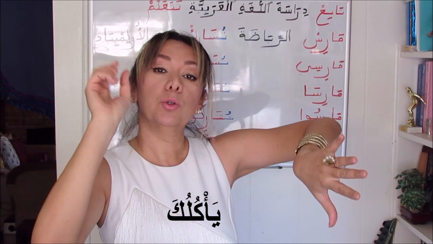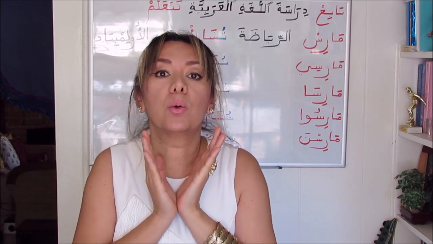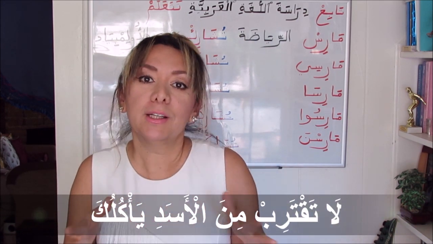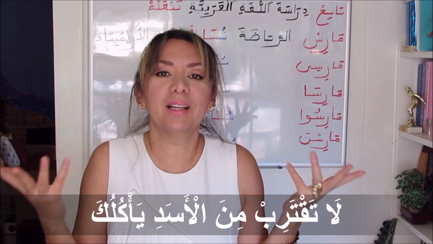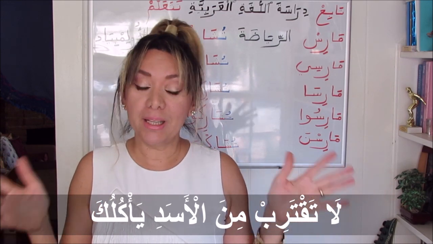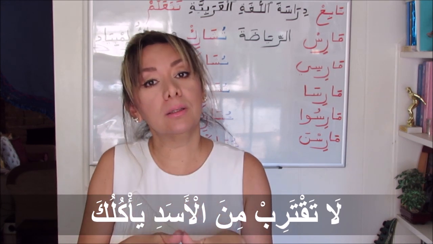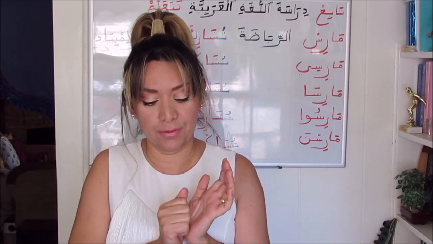So you look for the last radical of the conjugated verb, which is lam. يأكلك. I didn't say يأكل. Alright, so it is in the indicative because definitely you don't want to be eaten by a lion. So this is an unpleasant action, so it stays in the default mood, the imperfect indicative.